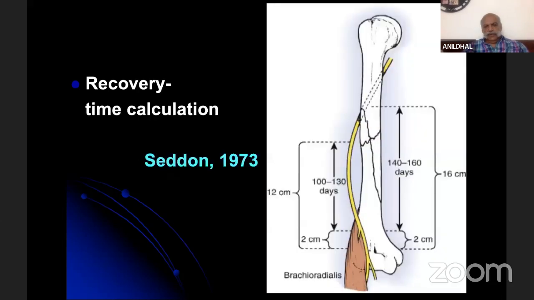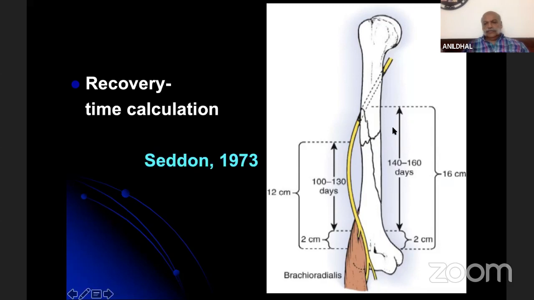And how do we monitor the motor recovery? This is as per recommendation of Seddon, where he explained in a fracture of the shaft of the humerus, by drawing this diagram, that you calculate the distance between the probable site of injury or fracture till the site of motor innervation of the brachioradialis muscle.